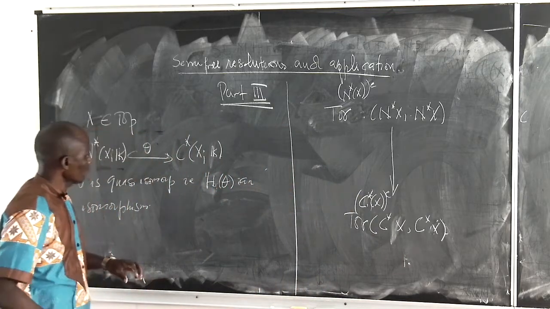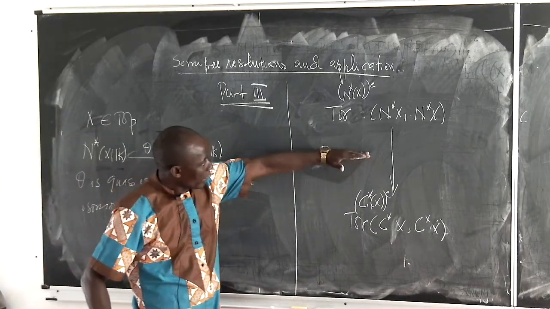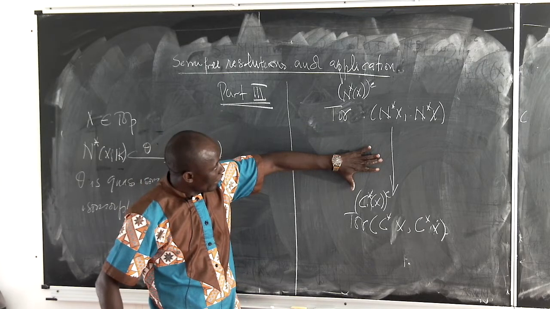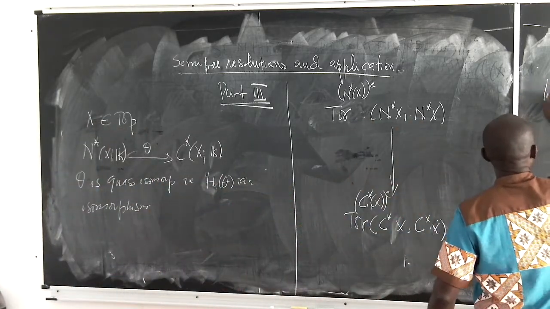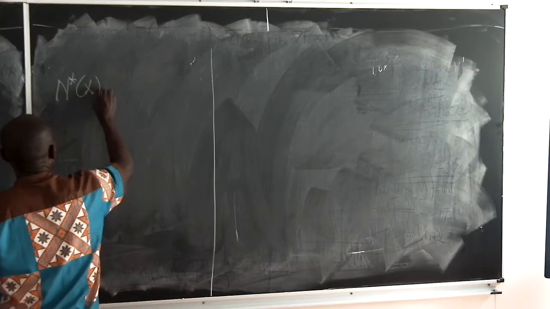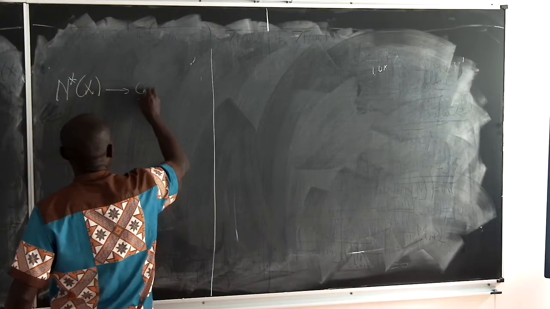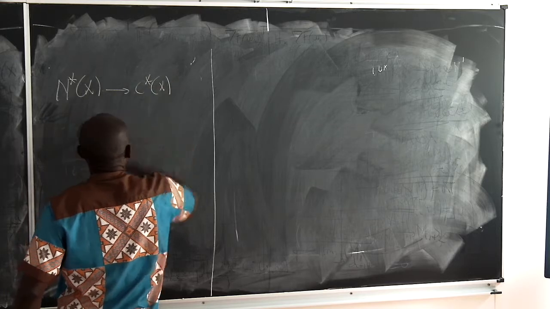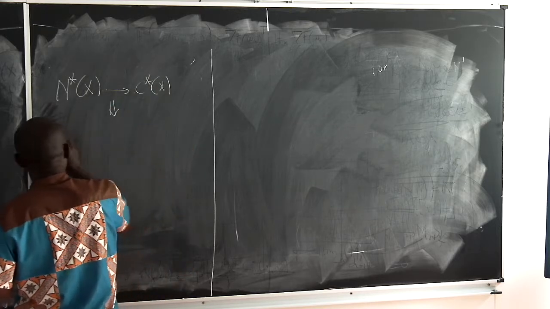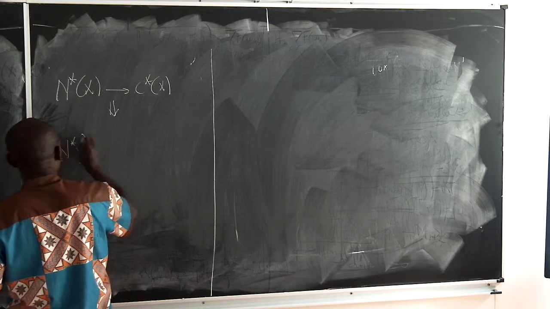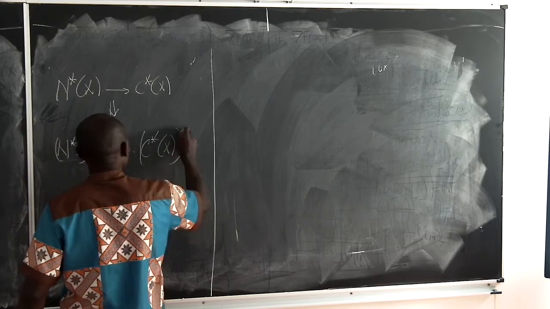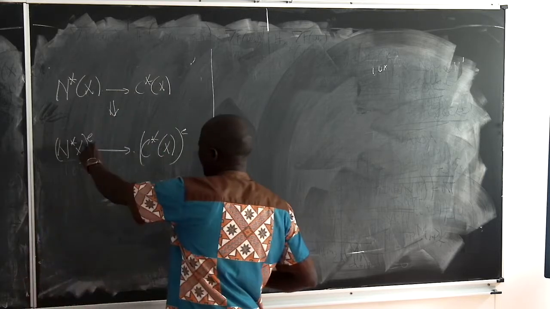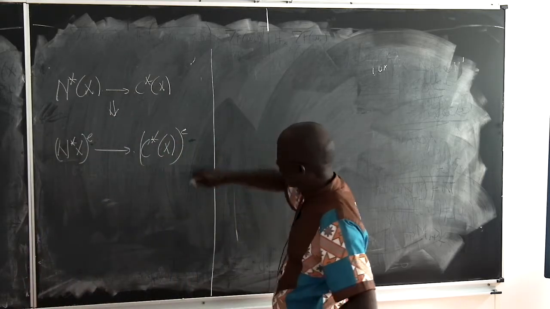Okay. How can I get this homomorphism? I get it from this map, because if the normalized singular chain complex is related to the singular chain complex, then we have the opposite algebra, which is also related, and the enveloping algebra is also related to the enveloping algebra on this side.